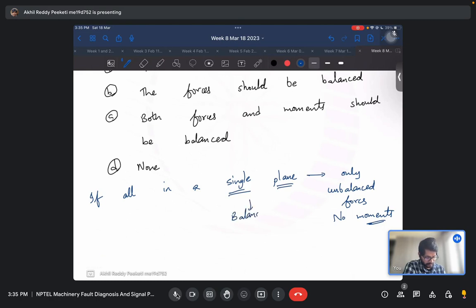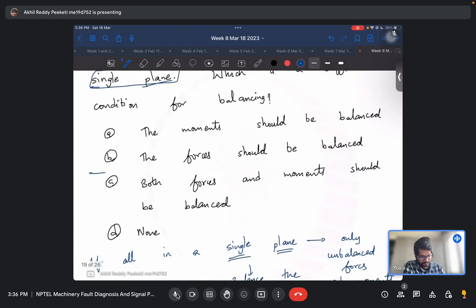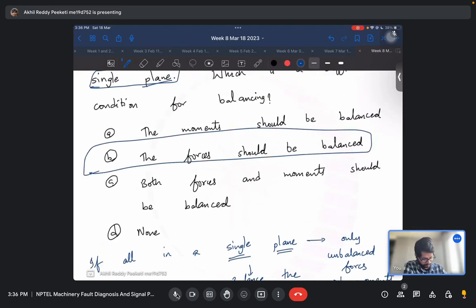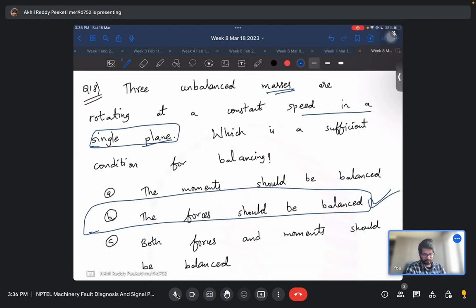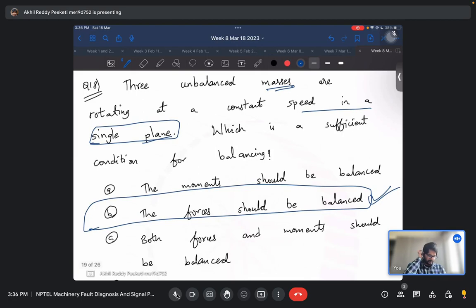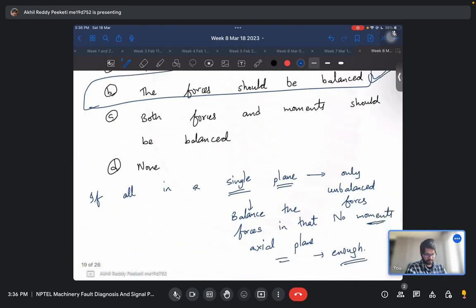So balance the forces in that axial plane. So this is enough. You don't need to worry about any moments. Okay. So just balance the forces. So when you have unbalanced masses in a single plane, if you just balance the forces, then that should be enough.